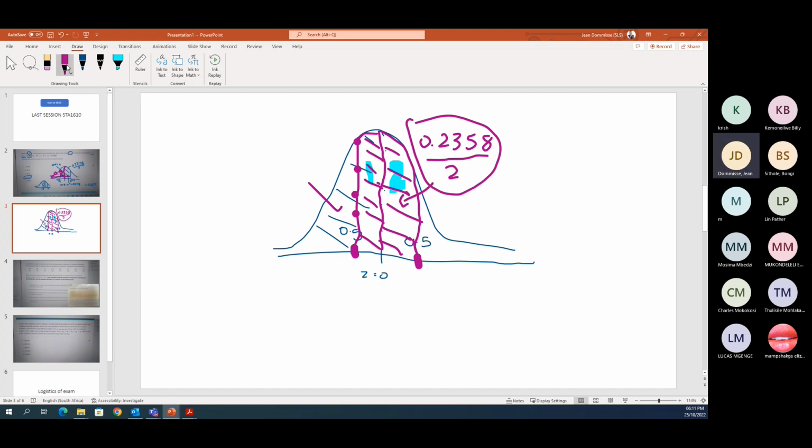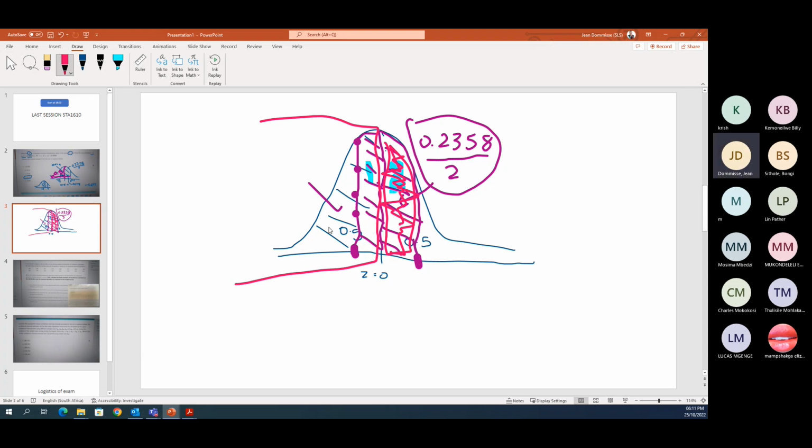And let's just color that whole area in with another color. So we can get that by dividing by 2. So then we have that area, we know that the other whole area is 0.5, so that we can add the two together.